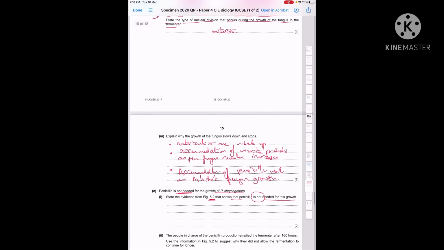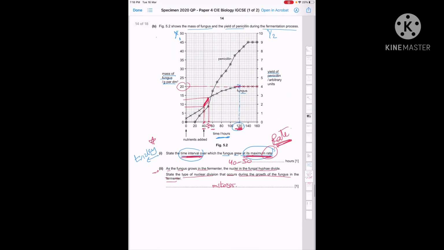If I look at the figure over here, I'll see that even before penicillin production, which was at 20 hours, the fungus has still grown, right?